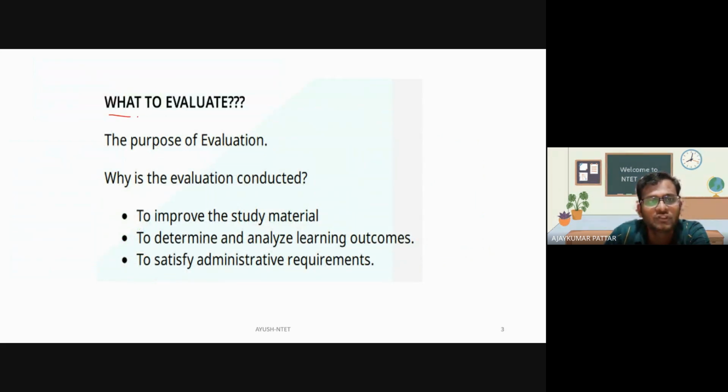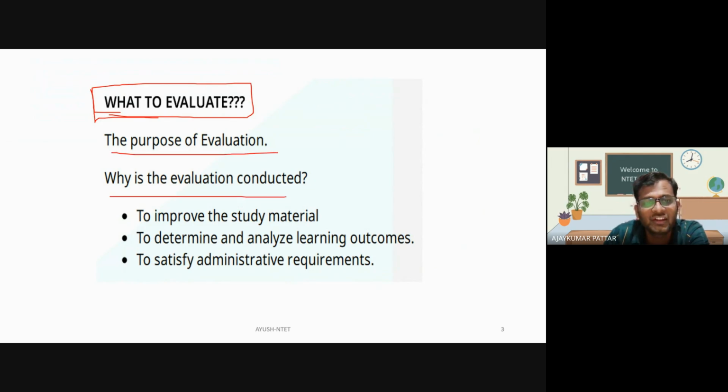What to evaluate? In the evaluation system elements, first, what to evaluate, and the purpose of evaluation.